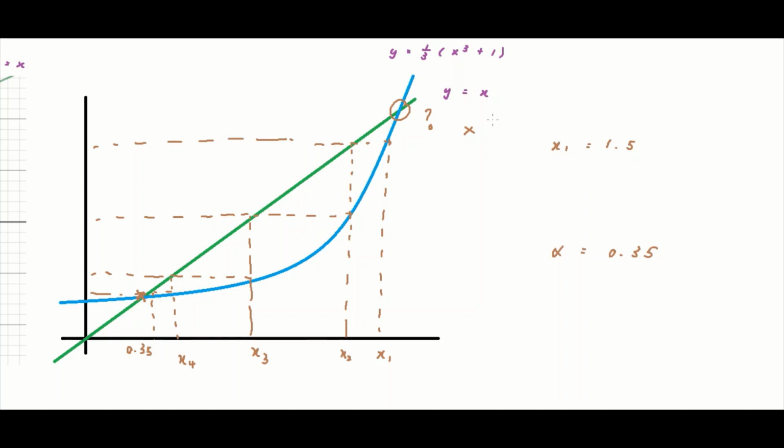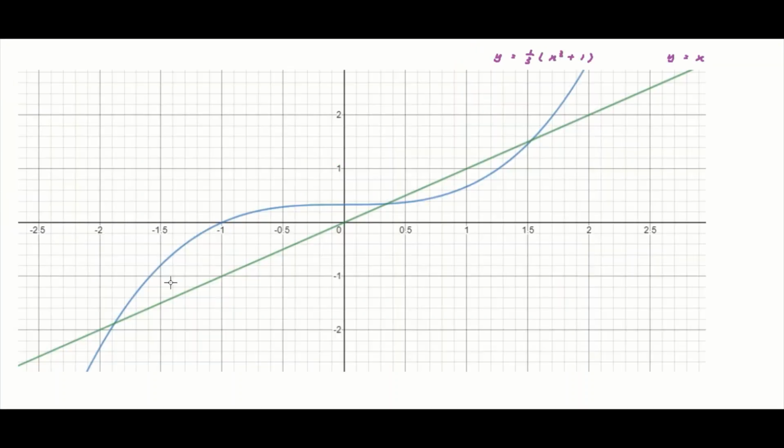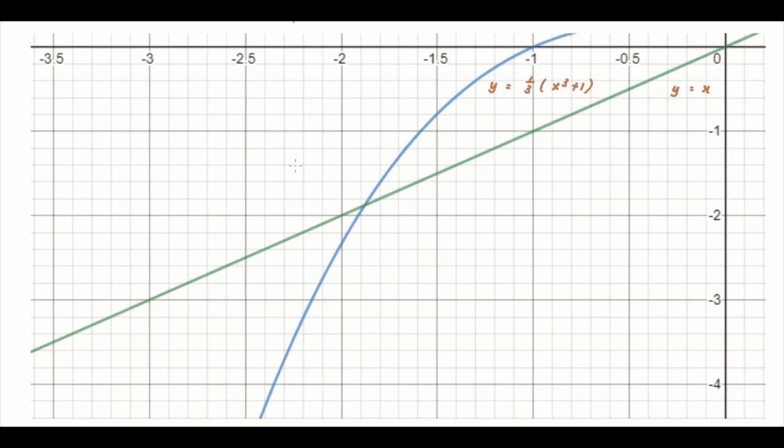Okay, so now let's look at the one that is diverging. We are going to magnify this part for -2. How does that look like? Okay, so this is the magnified graph. As you can see, the blue line is the curve and the green line is the straight line. So our iteration is x(n+1) equals 1 over (3xn plus 1), right?